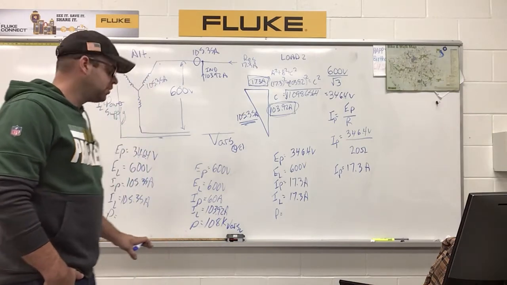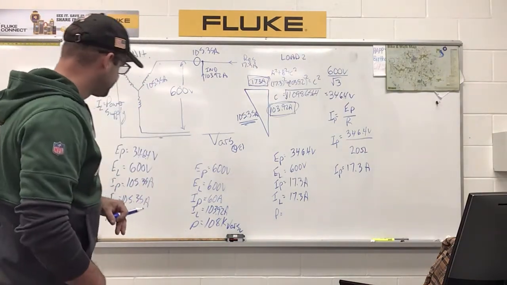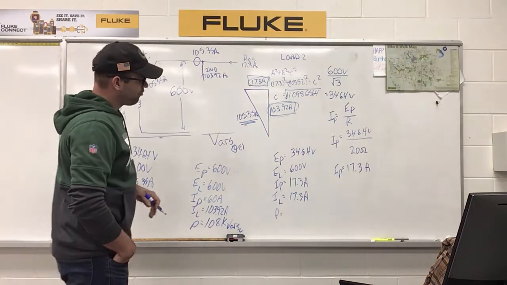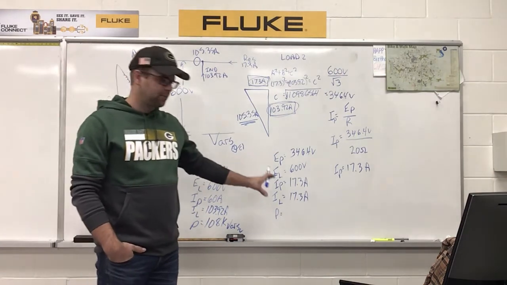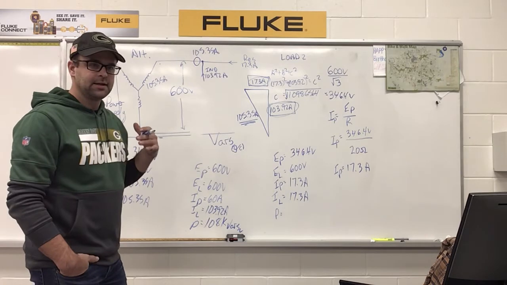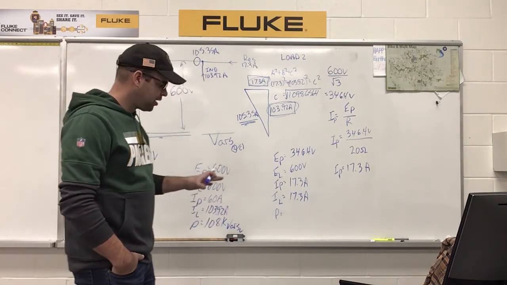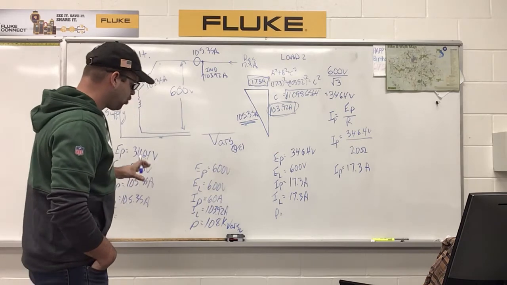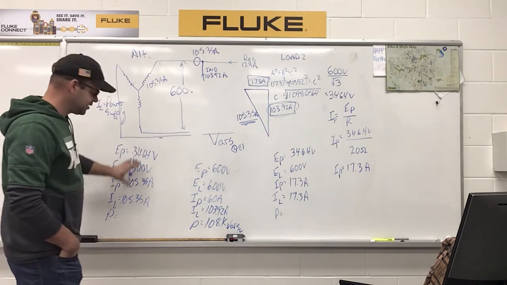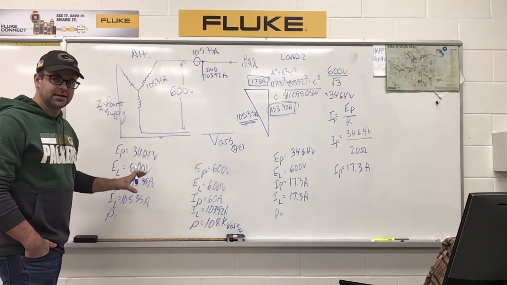And when we look at three-phase power, there's a couple different ways we can go about figuring this out. We can take all of our individual powers that we calculated, and remember I said that there's a current triangle and a power triangle. We can plot those, or the other thing that we can do is take all these individual values that we have and calculate out what our three-phase power is.